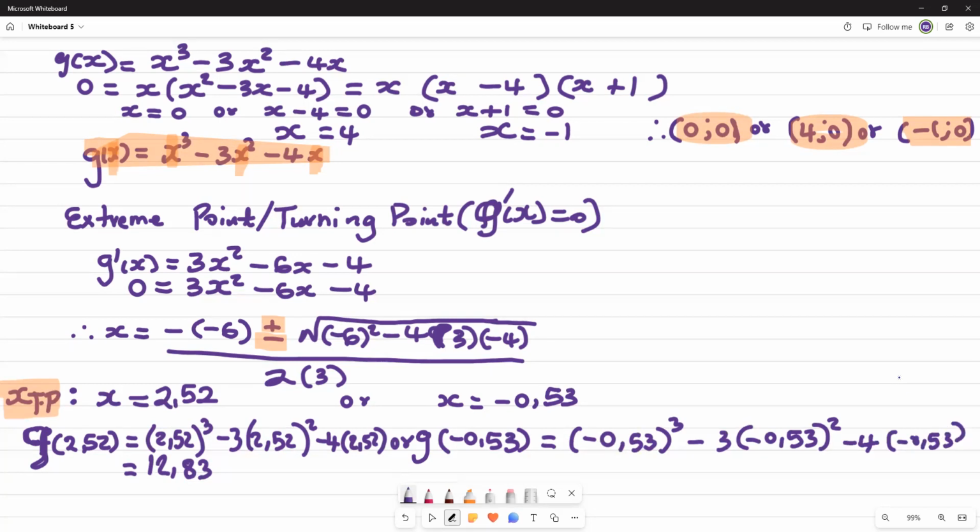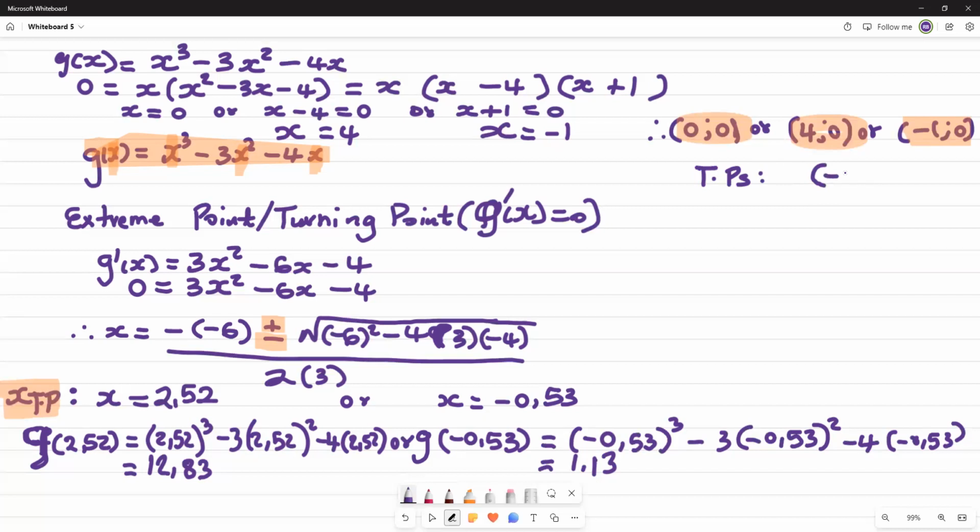Negative 0.53, negative 0.53, and then another negative 0.53, and that gives us 1.13.